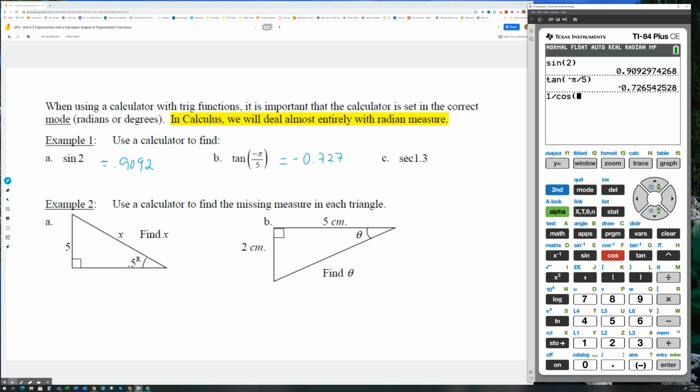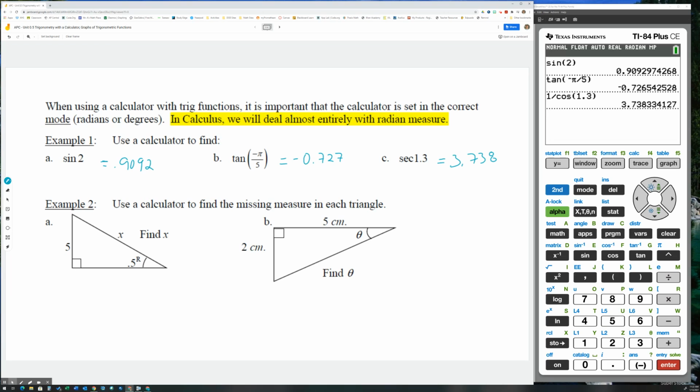In this case, we're doing 1 over the cosine of 1.3, so 1.3, close our parenthesis, and that will give us an answer of 3.738. So again, when you're doing this for secant, cosecant, or cotangent, use the 1 over button, or just type in 1 divided by, and that will give you the reciprocal of those functions.